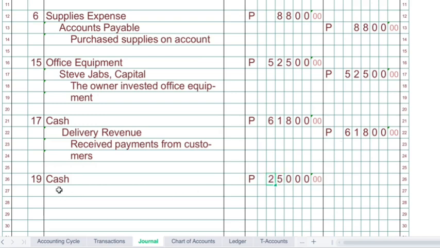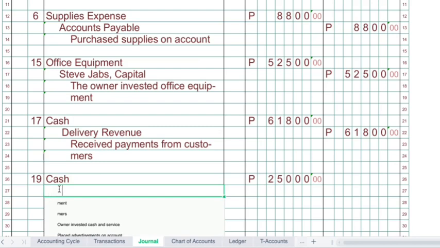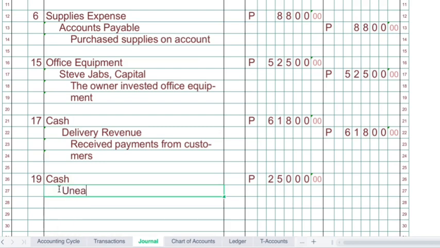Okay, and then we will credit unearned revenue. Okay, kasi hindi pa natin siya matatag as income dahil hindi pa naman natin nabibigay yung service or na-render yung service. So, this is an obligation pa on our part. So, that is unearned revenue, a liability. And it is 25,000 as well.